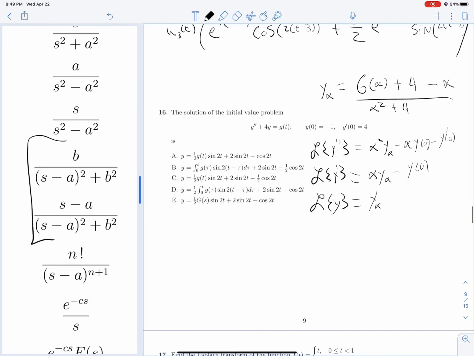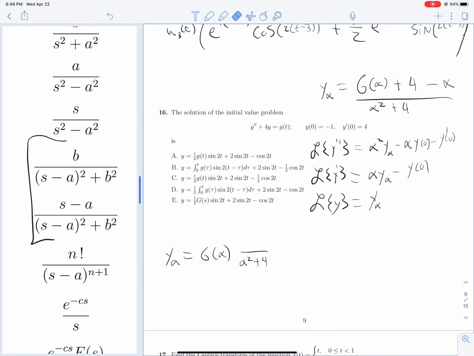And let's split this up into different terms, and we should be able to directly solve for these. This isn't, what's it called? Partial fractions case. So y at alpha is equal to g of alpha multiplied by 1 over alpha squared plus 4.